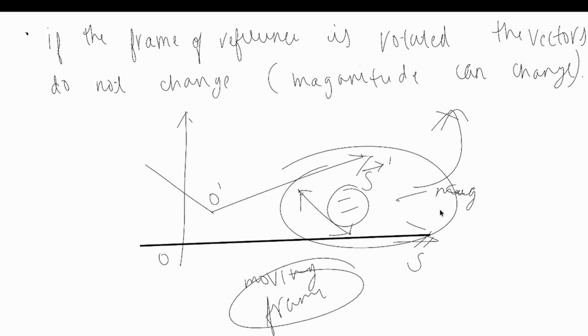Moving on to the next topic, which is types of vectors. The first type of vector is parallel vectors.